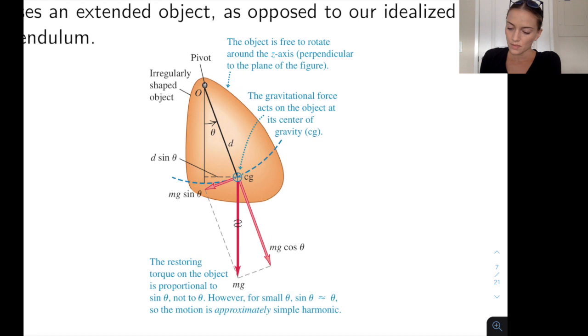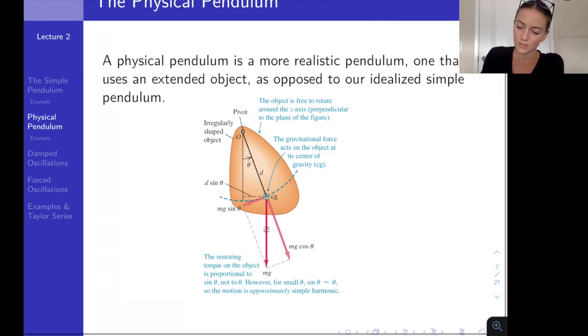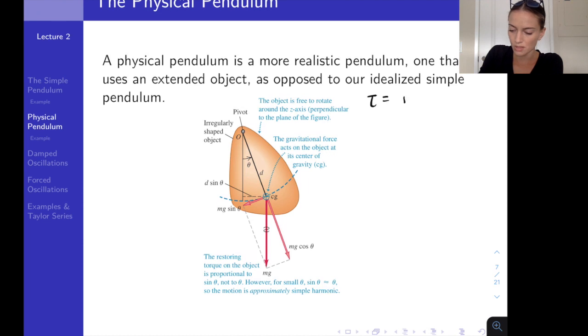Okay, so we're going to use torque again. Torque in this case, like we said before, is R times F. R here is this length D, because the torque is acting from this pivot point to the center of gravity.